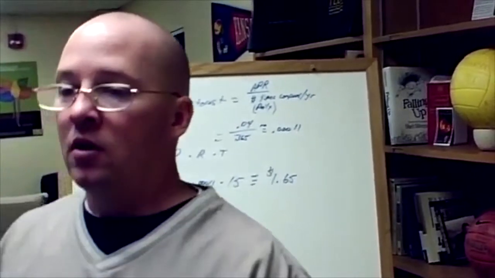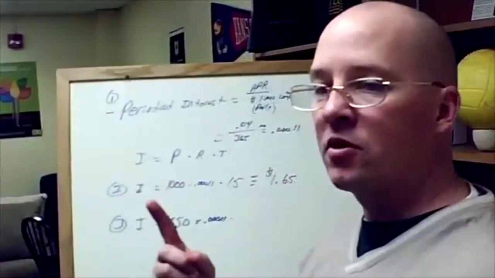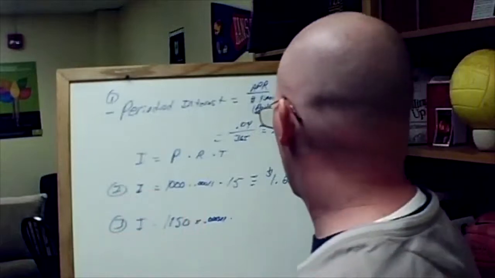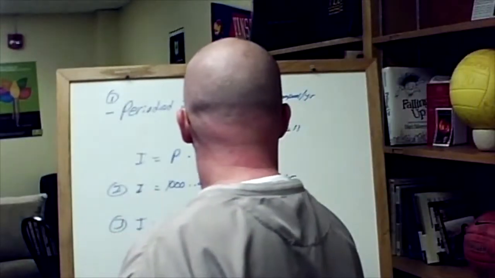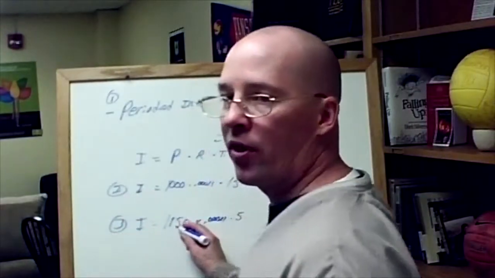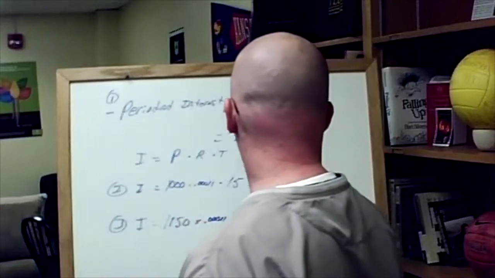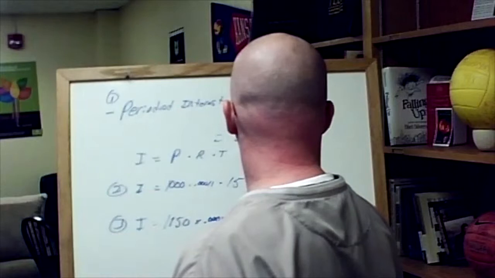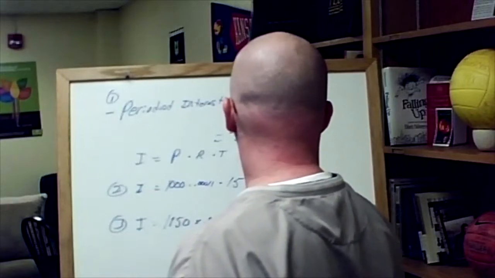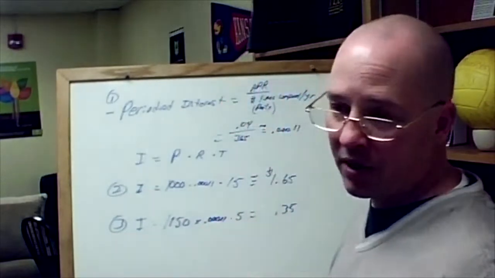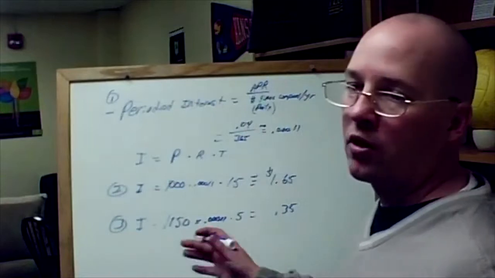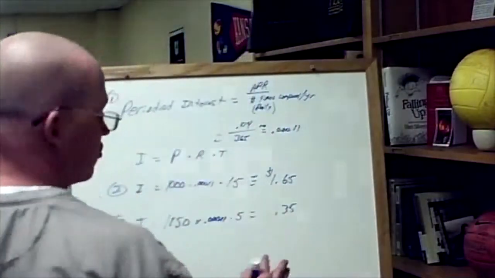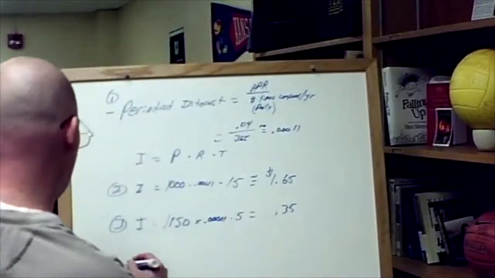So 16, 17, 18, 19, 20. That's 5 days. So for the next 5 days, you're going to have $1,150 in your account, and you're trying to figure out the interest for that. Let's just say it's 35 cents. It's probably more than that, but for the sake of going through all the calculations, you guys can do that. I'm just trying to have a quick example here.